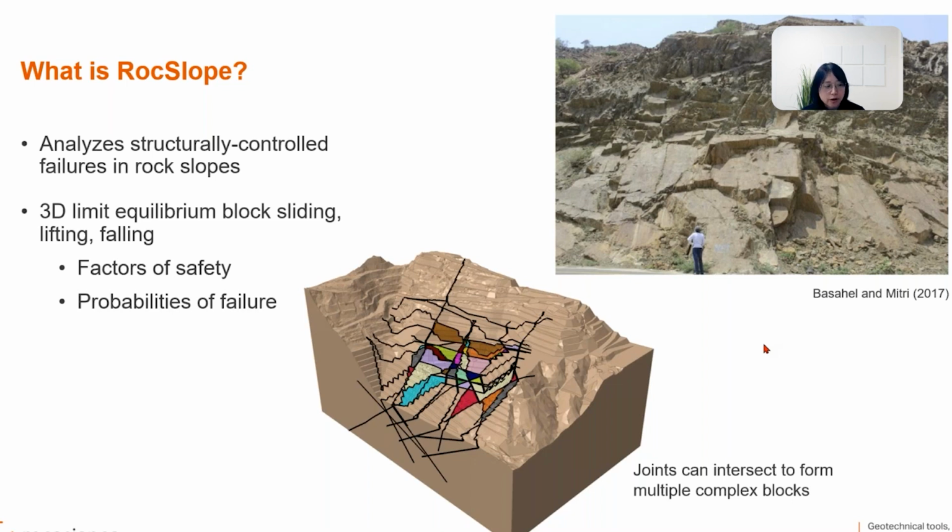So the program RocSlope uses real slope geometries and the mapped locations of the joints to find where blocks can form and which blocks can fail, using the 3D limit equilibrium method. The failure modes considered are block sliding, lifting, and falling. It provides the factors of safety for every block if it's a deterministic analysis, and the probability of failure for the blocks if it's a probabilistic analysis.